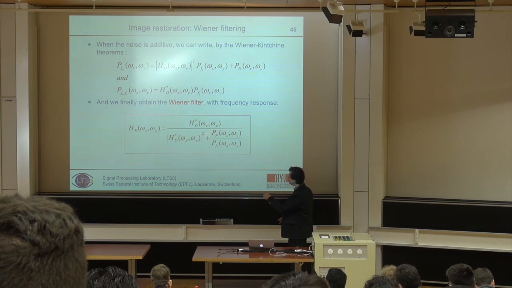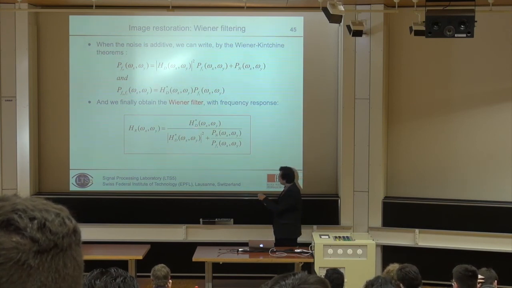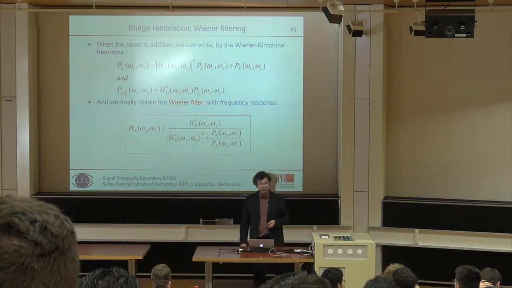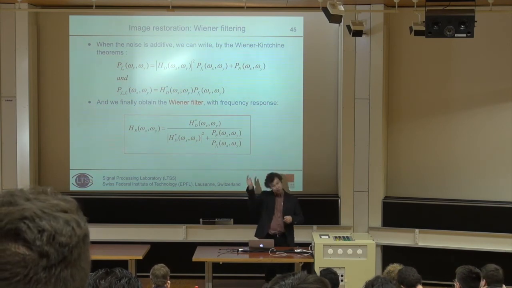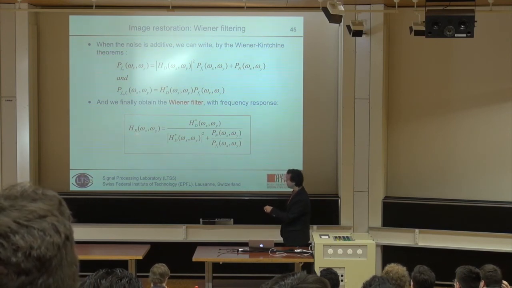If the noise is 0, this term disappears. What do you get? Complex conjugate divided by the square of the module. If you remember your complex calculation courses, complex conjugate divided by the square of the module is 1 over the complex number. So you basically get, indeed, the restoration filter is the inverse filter.